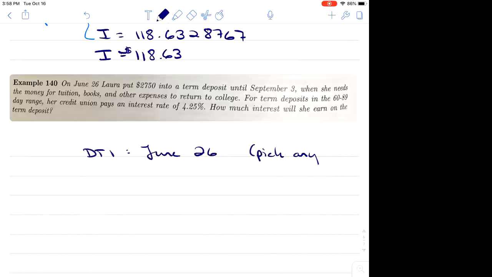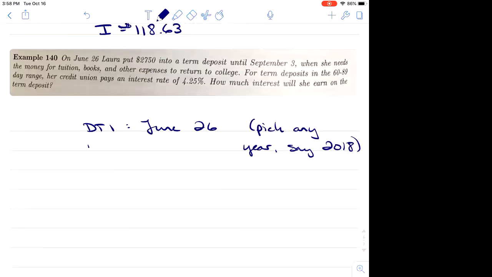Pick any year, say 2018. Pick your favorite year. Date 2, let's just get that one out of the way, is September 3rd of the same year.